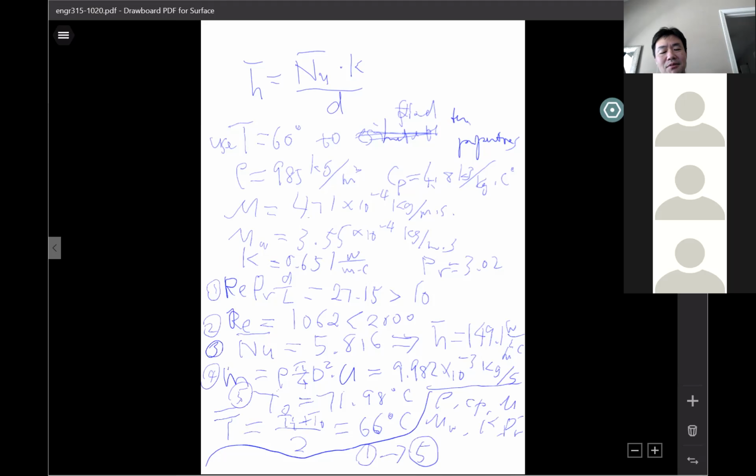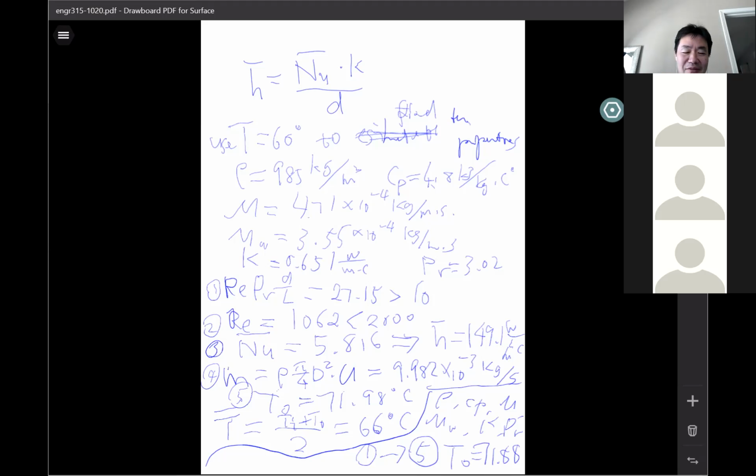Usually the second round could be your final, because in the third round, what you calculate for TO is, let's say, 71.88. That's close to the 71.98 from the last round. So if you do one more round, it won't give you any difference, right?